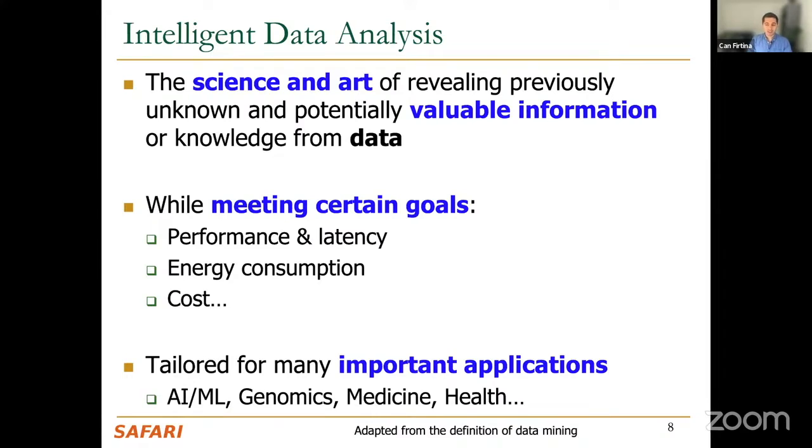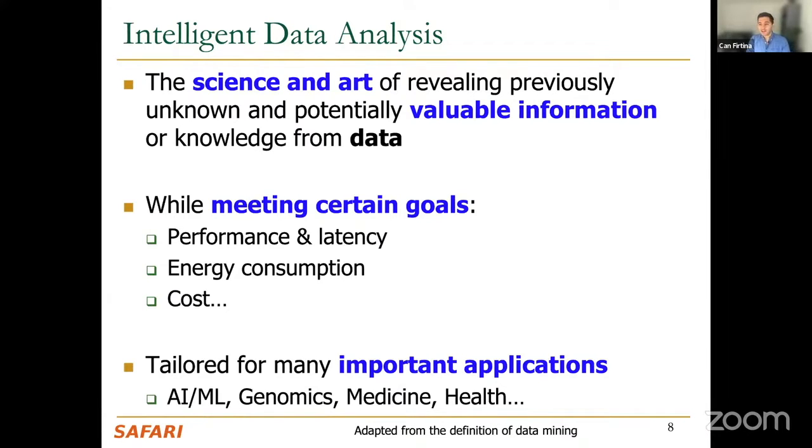So what can these goals be? Perhaps there can be a latency or performance constraint, or maybe some energy constraints, or other costs that you can think of, to associate with the goals that you want to set for your application.